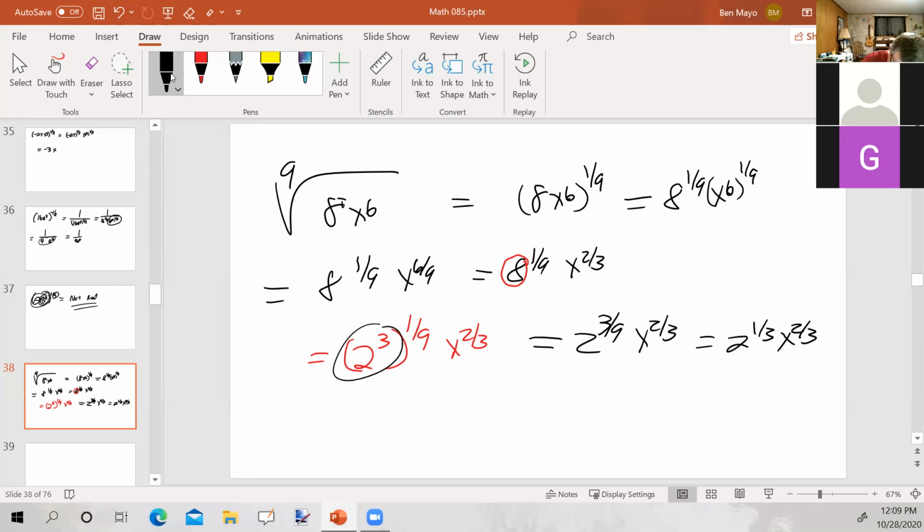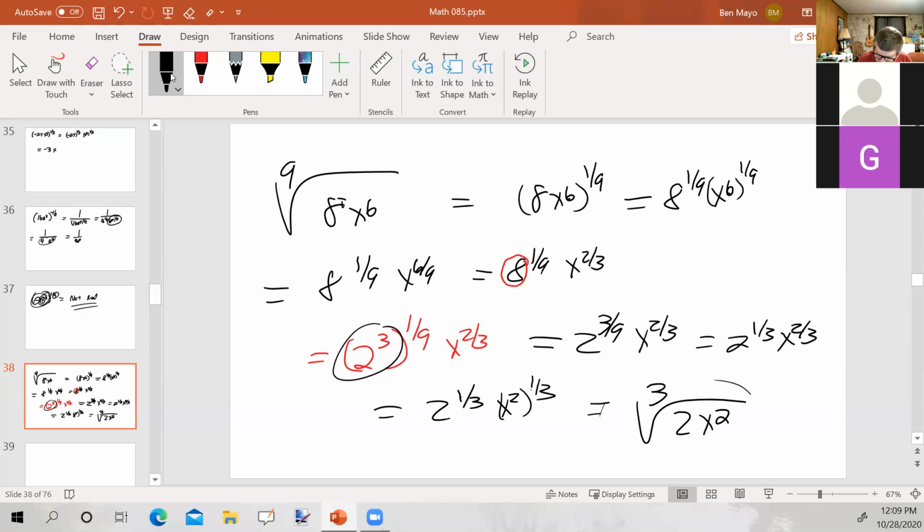And if that wasn't tricky enough, now I'm going to rewrite it as 2 to the 1/3 x squared to the 1/3 so that I can pull an index of 3 out. Because I have to have a common index to be able to write it in this form.